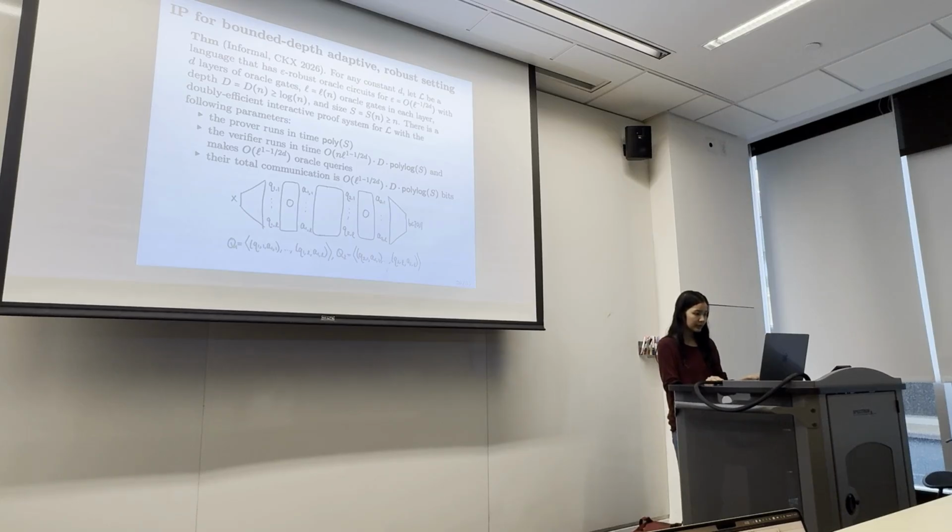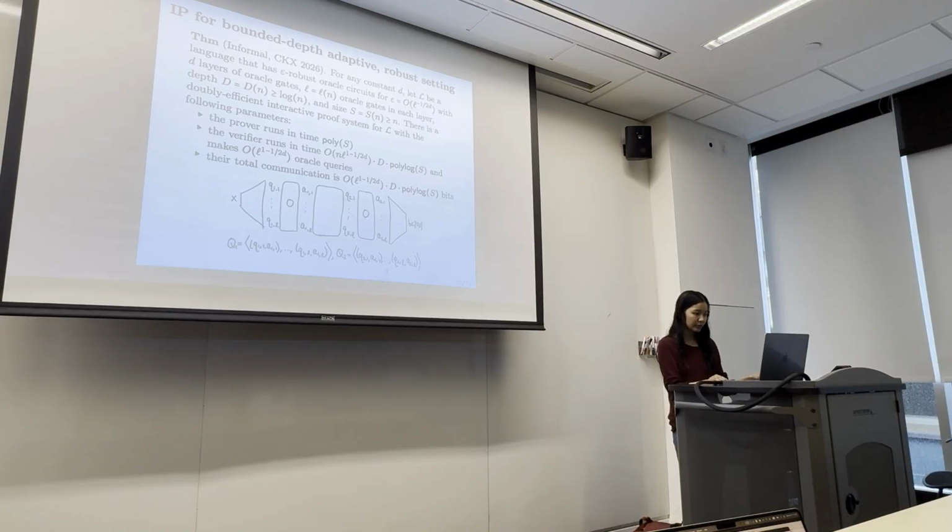Our theorem in this setting is that for any constant c, if we let L be a language that has epsilon-robust oracle circuits, for epsilon equal to the order of L to the negative 1 over 2D, with D layers of oracle gates, L oracle gates in each layer, depth big D and size big S, then there's going to be a doubly efficient interactive proof system for L with the following parameters. The prover again is going to run in time polynomial in S. The verifier will run in this amount of time and make order L to the 1 minus 1 over 2D oracle queries, and this is going to be their total communication.